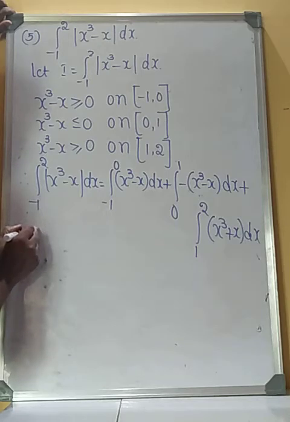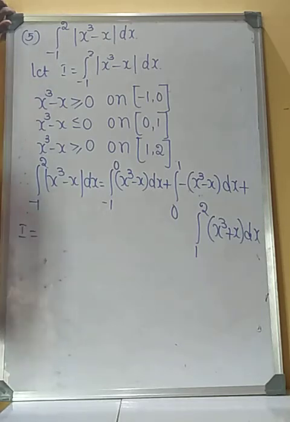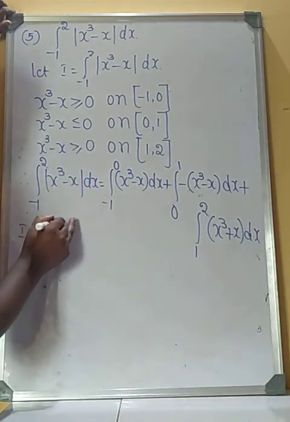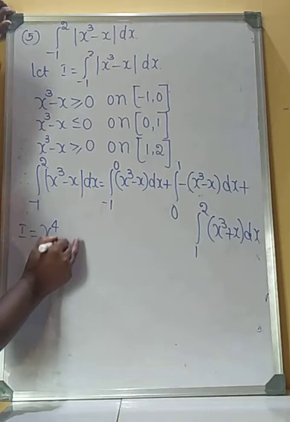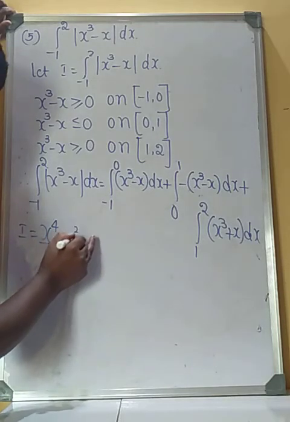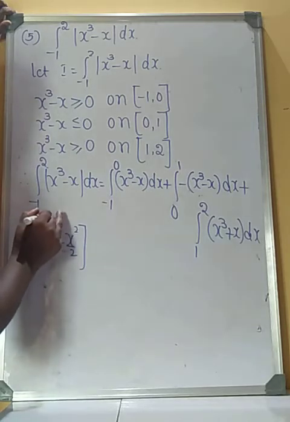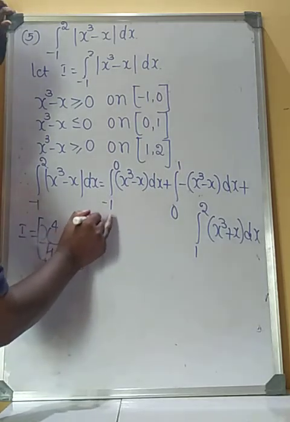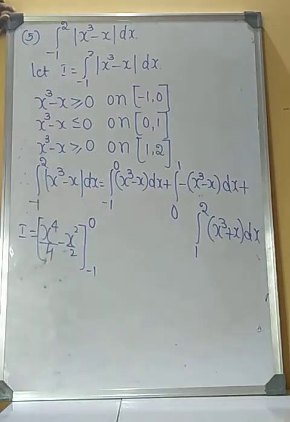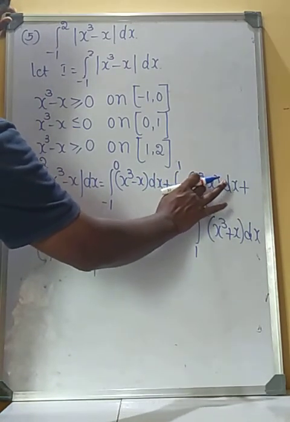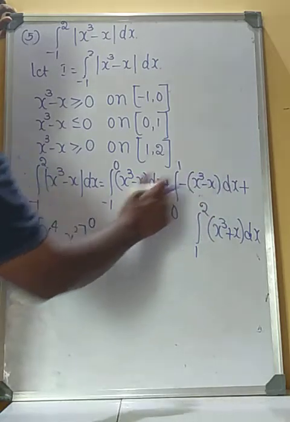Therefore, I equals the integral of x cube, which is x to the power of 4 divided by 4, minus the integral of x, which is x square by 2, with limits 0 and minus 1. Here minus into plus is minus, and minus into minus is plus x.